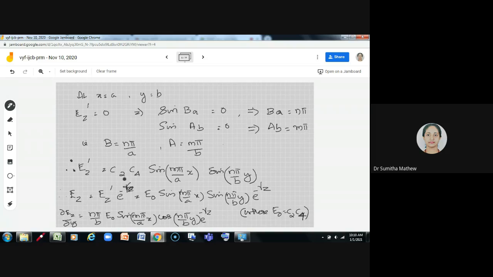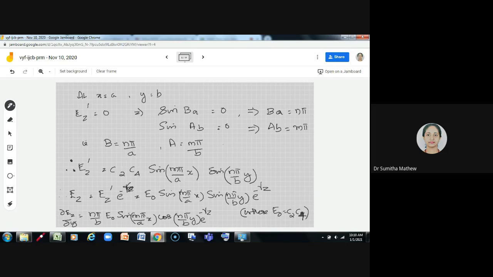Okay, so you get an expression for capital B and capital A, so that Ez dash can be written as C2 C4 into sin m pi by a x into sin n pi by b y. That is substituting B and A in the earlier expression, so that the complete expression for Ez dash, with e raised to minus gamma z, can be written by substituting E naught instead of C2 and C4, where E naught is equal to C2 C4, taking it as the amplitude.